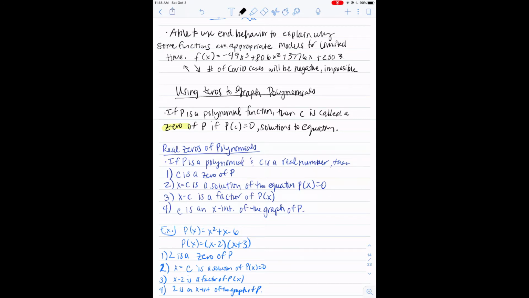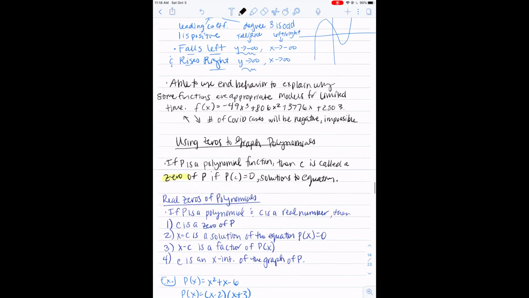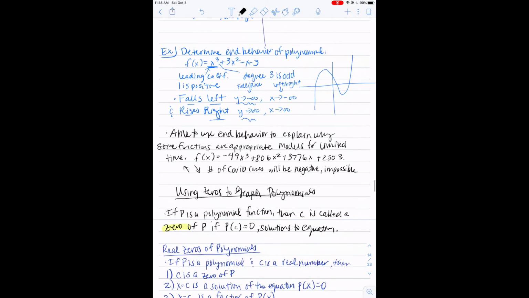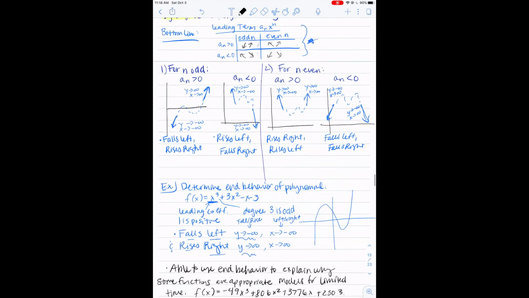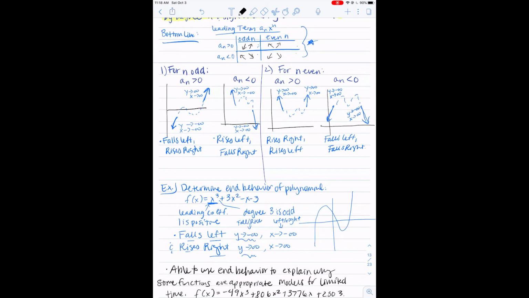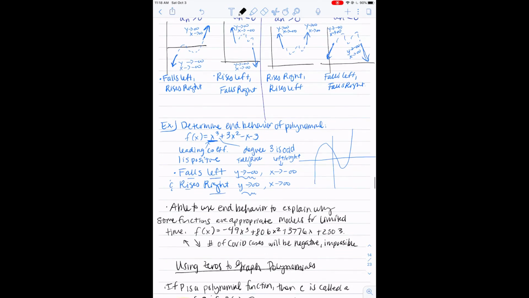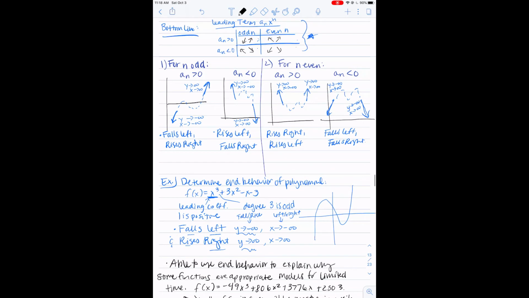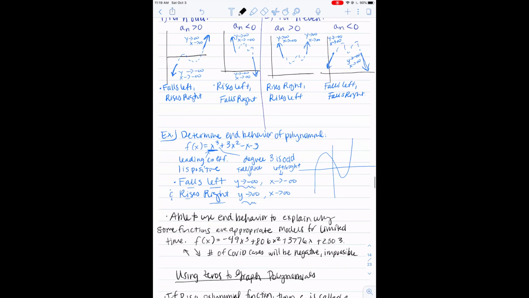For example, let's say that f of x is negative 49x cubed plus 86x squared and so on. From this graph, we see that the end behavior, since the degree is odd and our a is negative, rises to the left and falls to the right.